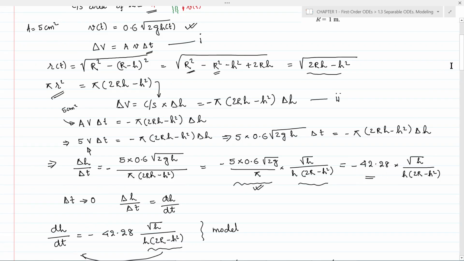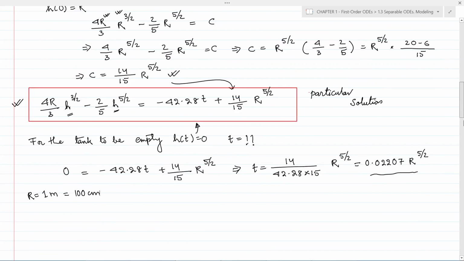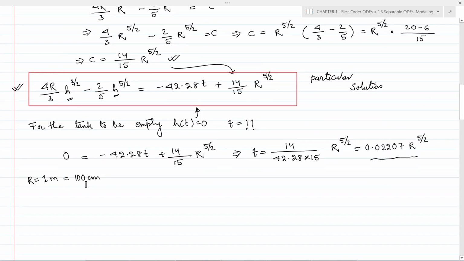So, we have been working in the CGS unit all along. So, we have to convert 1 meter into 100 centimeters here, and we can calculate the time t equal to 0.02207 multiplied by 100 to the power 5 by 2.